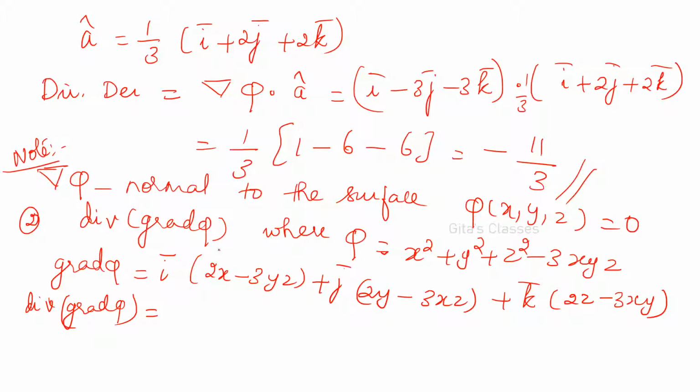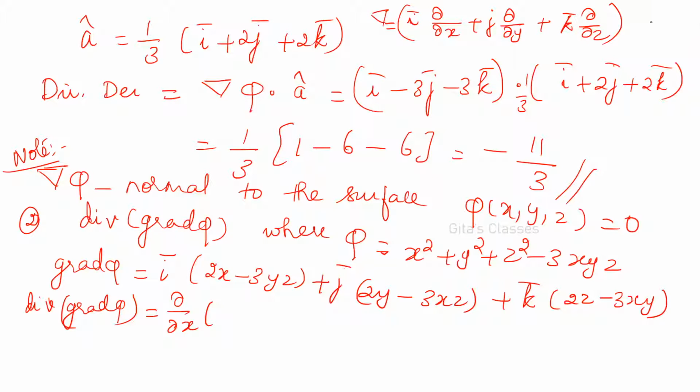Okay. So next is divergence of grad phi. That means you have to take the dot product with del. This is our del, i into dou by dou x plus j into dou by dou y plus k into dou by dou z. So divergence means take the dot product of del with this vector point function, which is our grad phi.